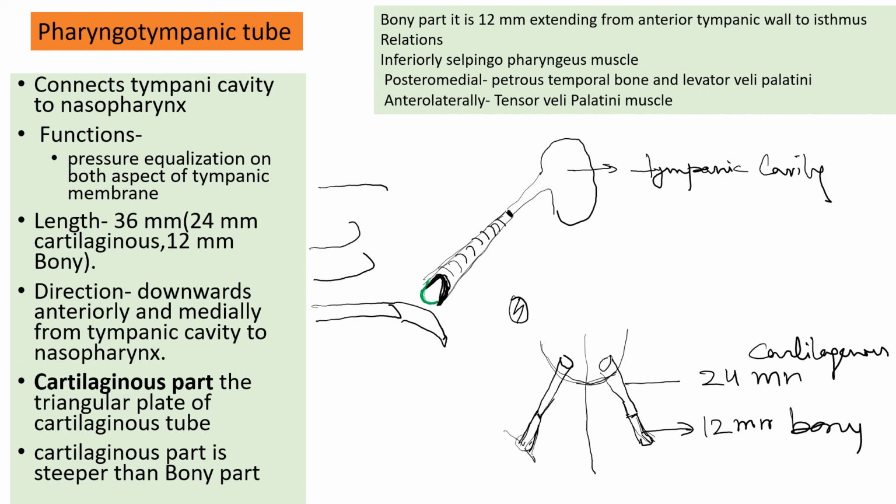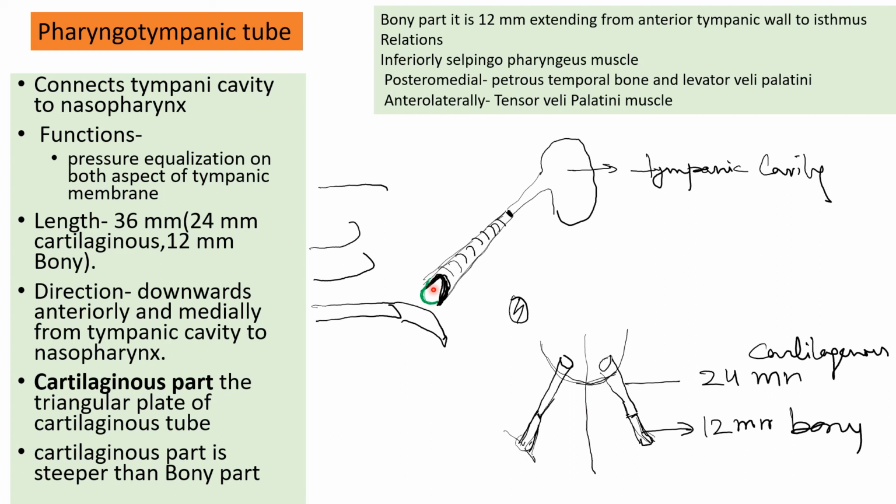This tube makes an angle of 45 degree with the sagittal plane. Okay, this is the sagittal plane, this angle is 45 degree, whereas it makes an angle of 30 degree with the horizontal plane. So if this is declining downwards, the angle with the horizontal is 30 degree, whereas the angle with the sagittal plane is 45 degree. Remember this.